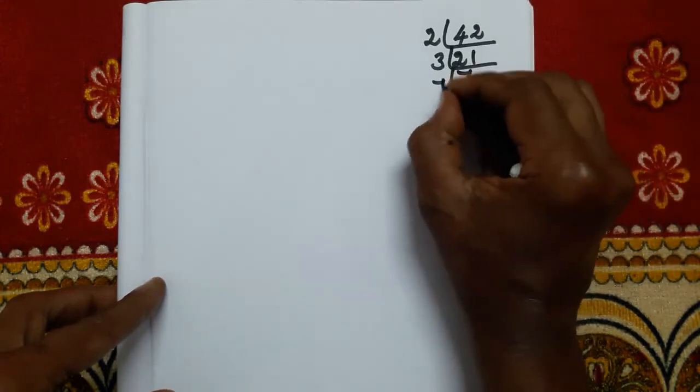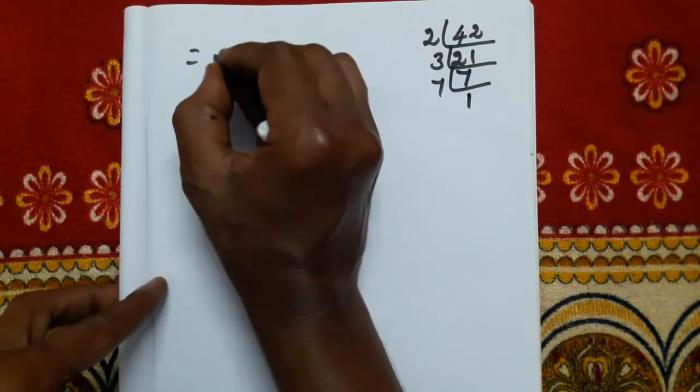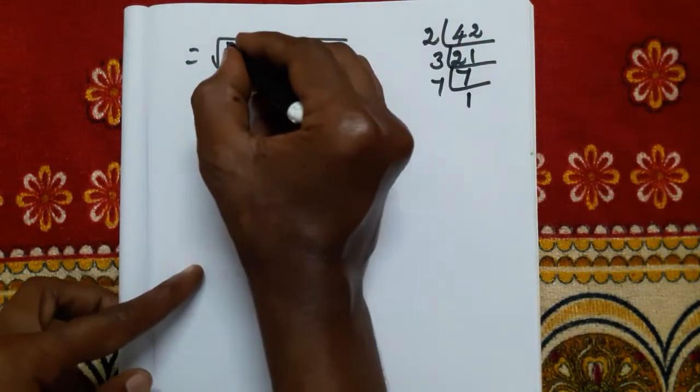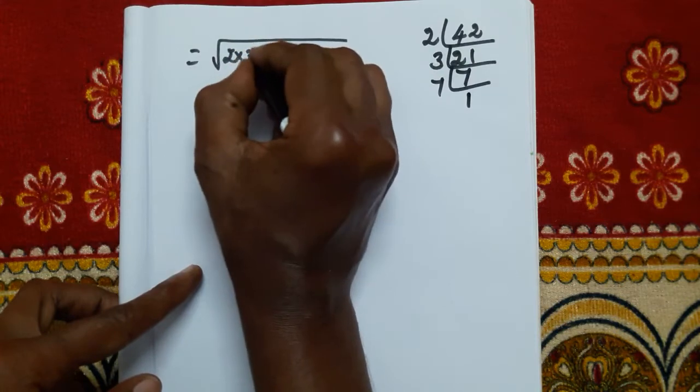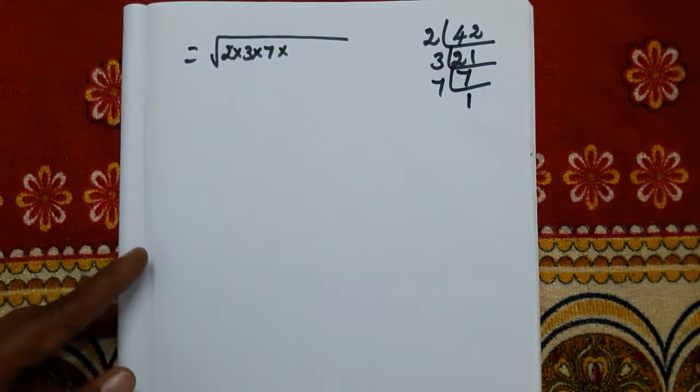Then 7 table: 7 ones are 7. So root 42 we write as 2 into 3 into 7.